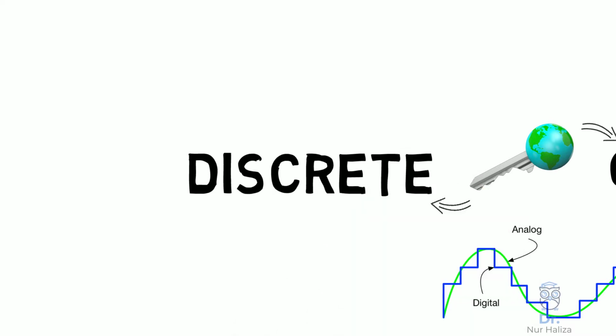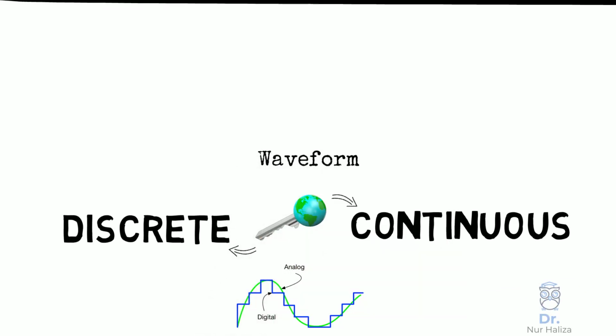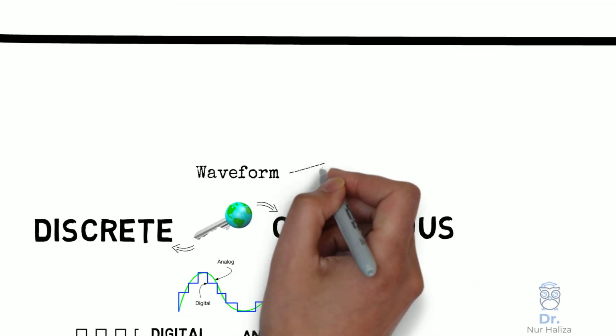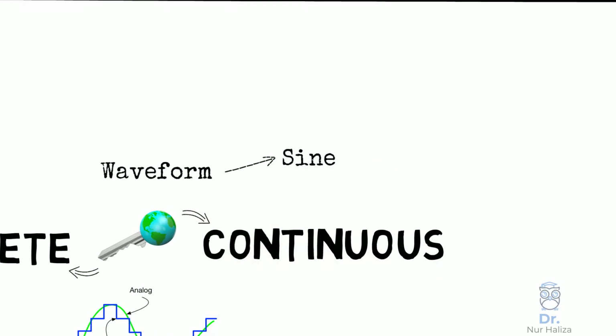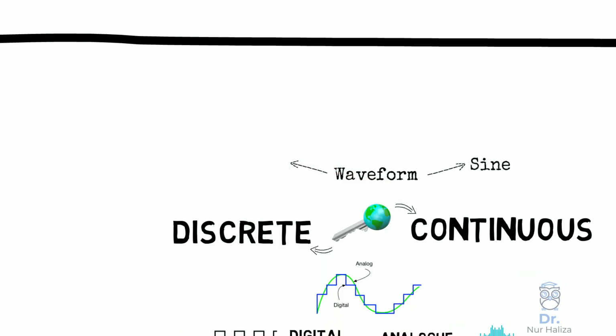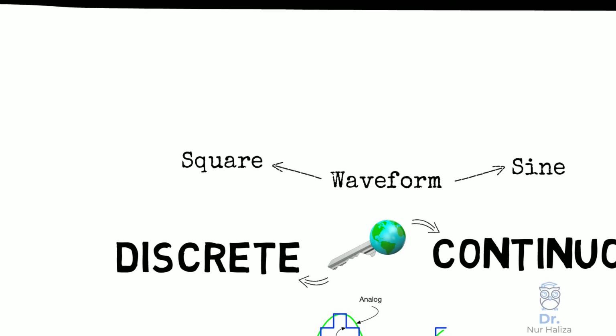So now we have the keywords, but we have another key to differentiate between these two, which is the waveform. The waveform for analog is a sine wave, while for digital the waveform is a square wave.